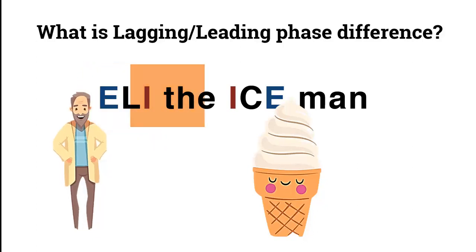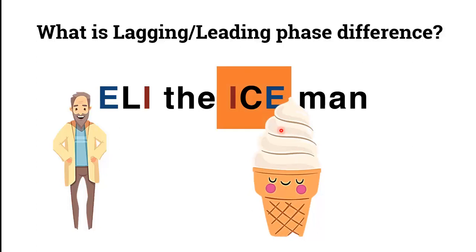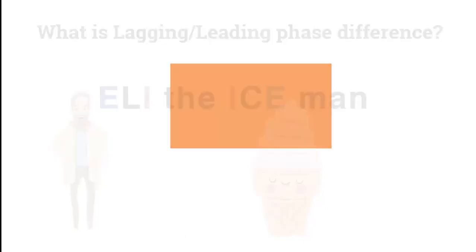Moving forward, in ICE, C is for capacitance, but here I comes before E. That means current is leading voltage in case of a capacitive circuit. I think that it will help you remember this fact, that voltage leads current in case of an inductive circuit and current leads voltage in case of a capacitive circuit.